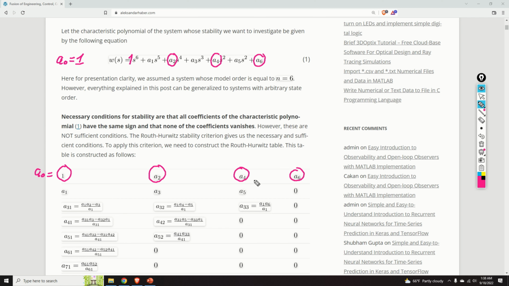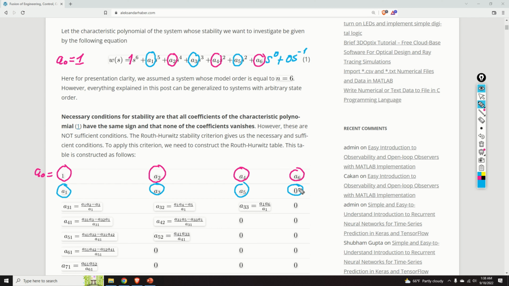How about the second row? For the second row, we take coefficients with the odd index or with the odd subscript. So we take a1 and place it over here, we take a3 and we place a3 over here. Here's a5, it goes here, and since here we have 0 multiplying s to the minus 1, here is our 0.